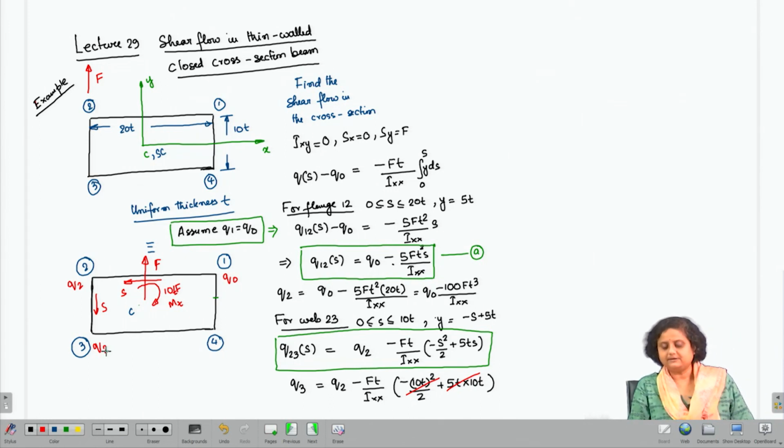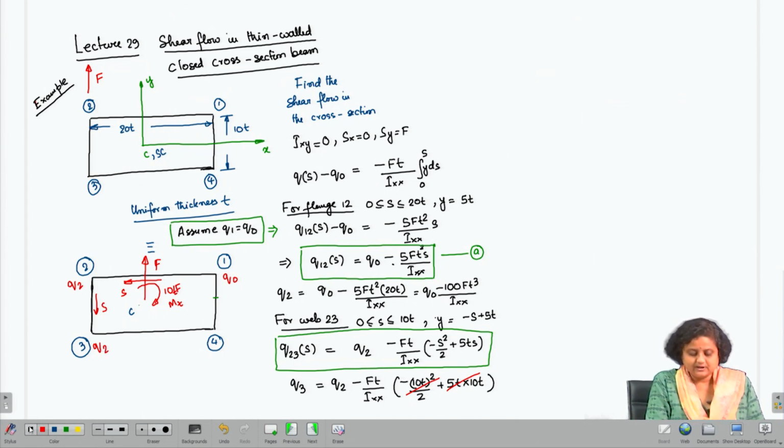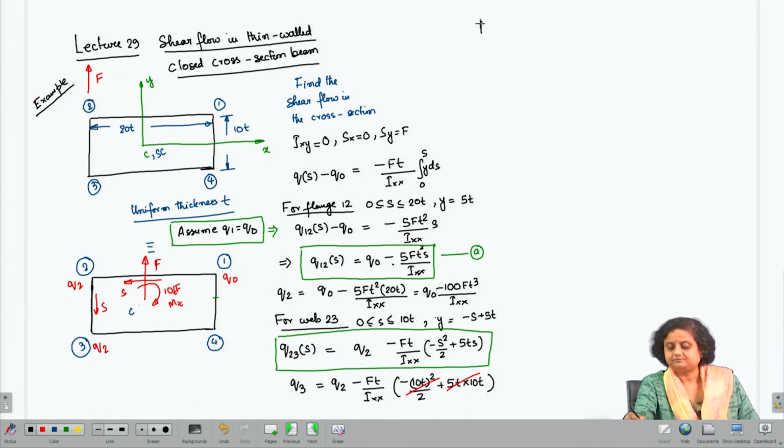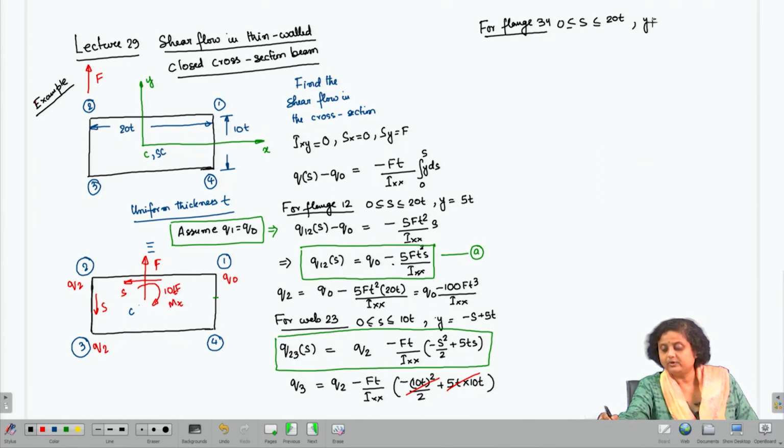Now, let us find out for portion 3 or for bottom flange 3 4. For flange 3 4, S is between 20t to 0 and y is going to be minus 5t.